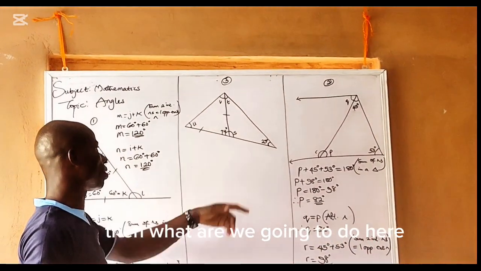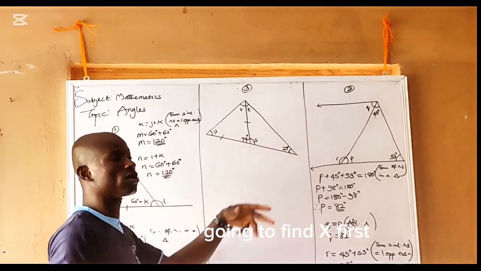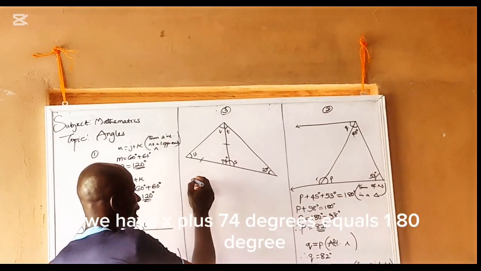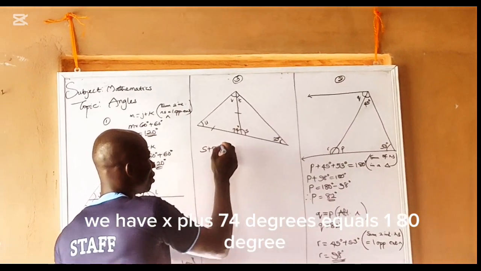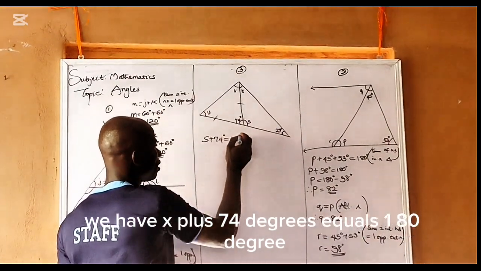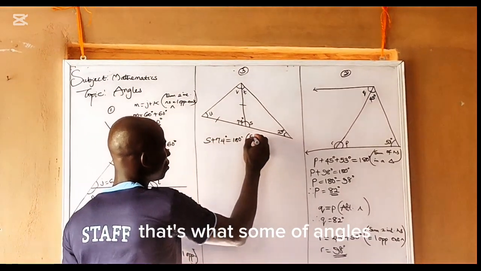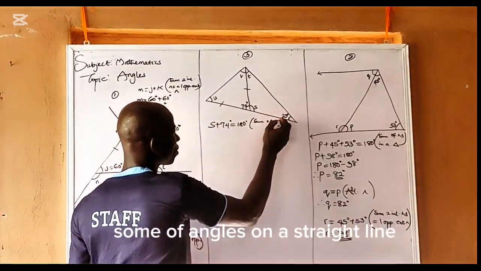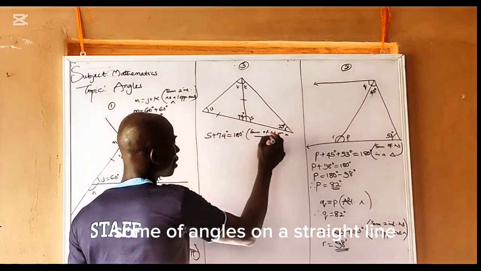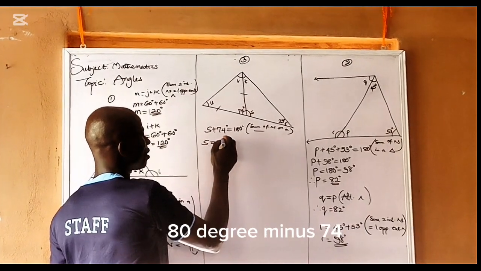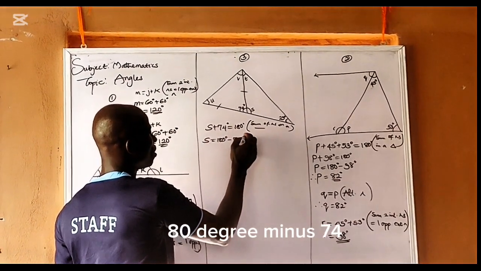Then what are we going to do here? We are going to find x first. Don't forget this is a straight line. Then to find s, we have x plus 74 degrees equals 180 degrees. That's what? Sum of angles on a straight line. Then we have x equals 180 degrees minus 74 degrees.